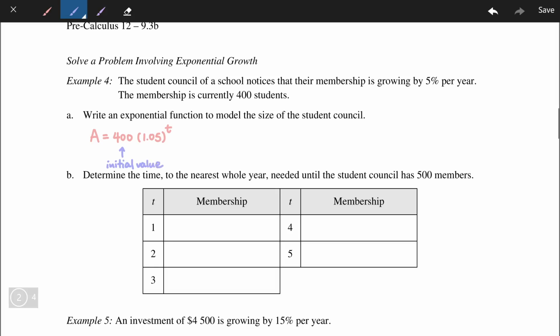The 1.05 indicates a 5% increase per year. Right, so 1 to indicate the 100% that is retained from before, and the 0.05 to indicate the 5% increase, so added together is 1.05. And finally, the t, the variable, is of course time, and it's going to be in years.